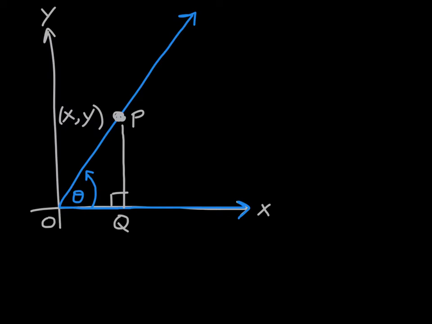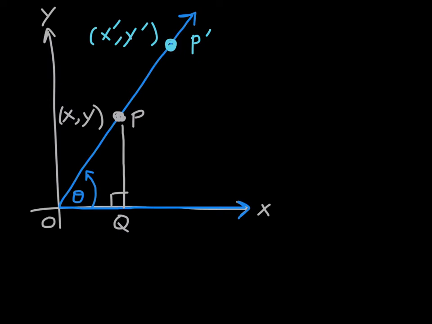Notice we have a right angle here, 90 degrees, angle theta, and of course our third angle there. Now, let's choose a different point on the terminal side, something other than P, and of course other than the origin. Let's call it P prime, just a different point on the terminal side. So here's P prime, and it has coordinates (x prime, y prime).